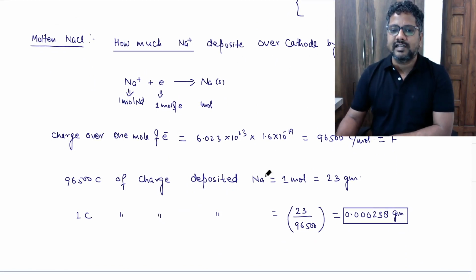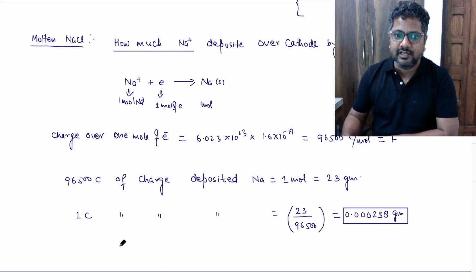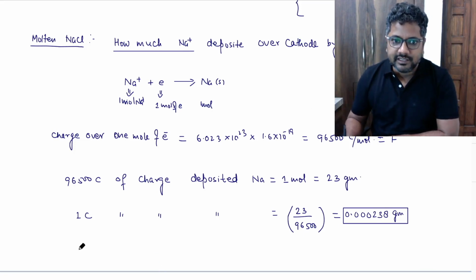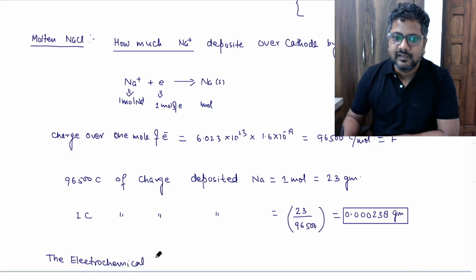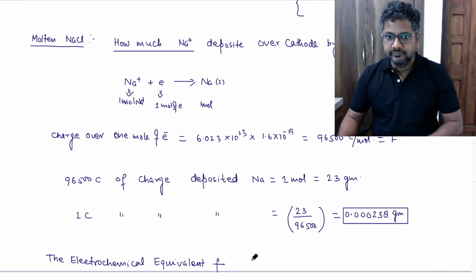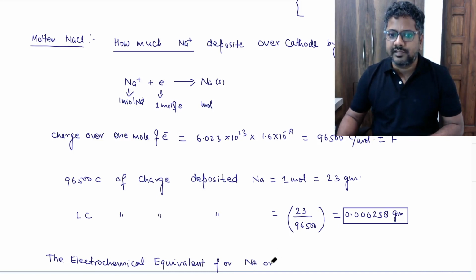So the electrochemical equivalent for sodium or sodium plus, whatever is asked, is equal to 0.0000238, because loss of one electron hardly matters, there is no change in the mass.